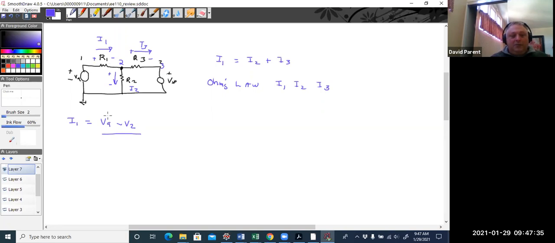Well, you have a voltage drop, VA minus V2, divided by R1. What's I2? Well, now V2 is at the positive end and V3 is at the negative, but that's just VB. That's I3. And then I2 is from V2 to ground.